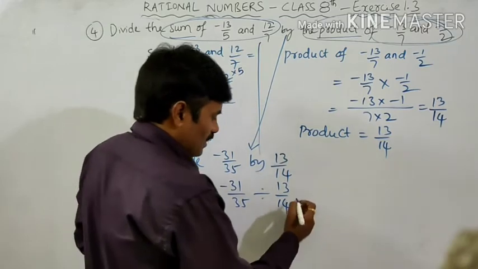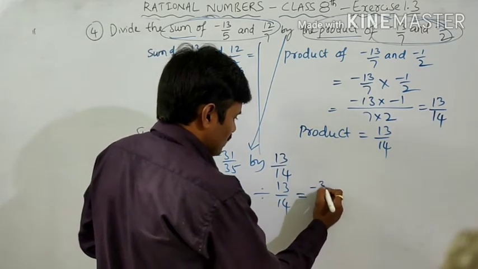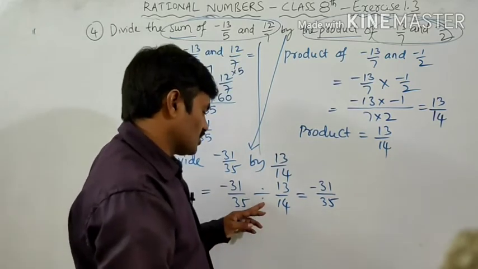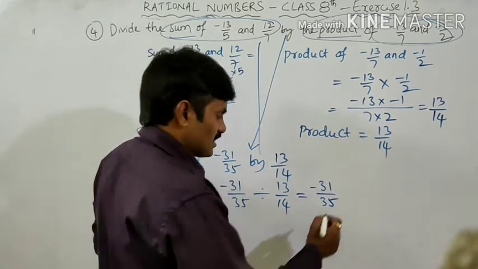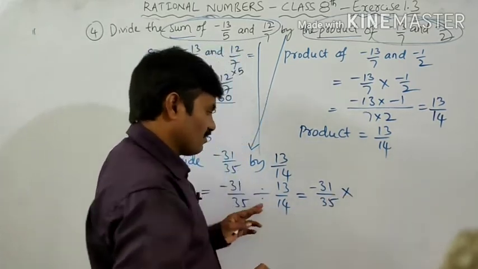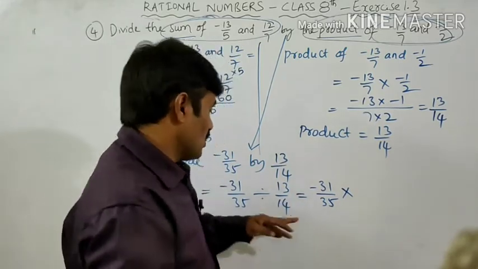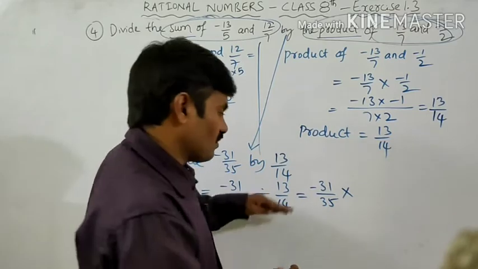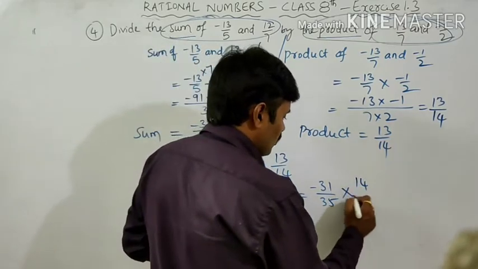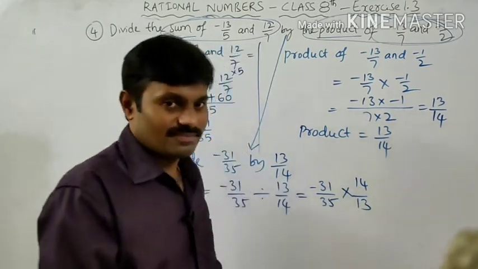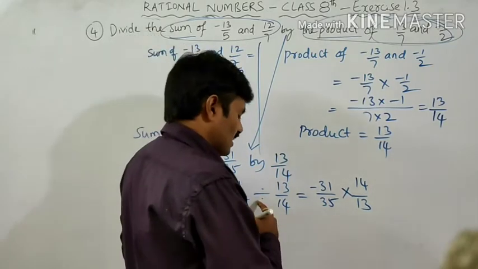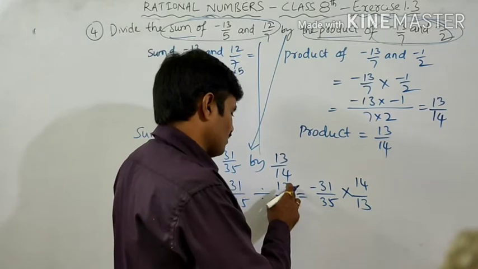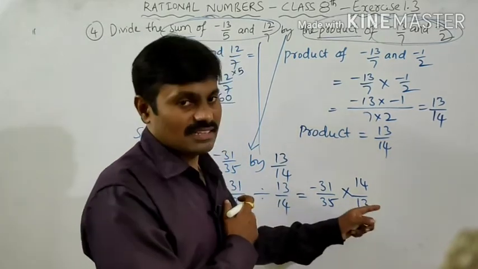Because there is no place here, I am writing on the right side minus 31 by 35, and now I am going to change the division sign into a multiplication sign. When the divisor is 13 by 14, we should write the reciprocal of this divisor immediately. Then only it is correct. So while converting the division sign into a multiplication sign, we should write the reciprocal of the divisor.